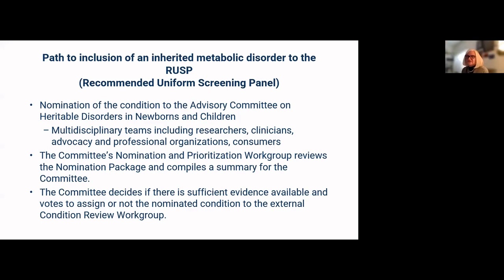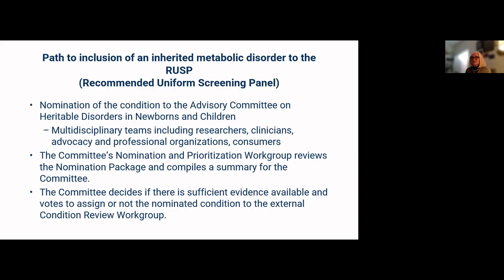So Dr. Singh mentioned what is needed to include a new metabolic disorder to the recommended uniform screening panel. I just want to go through the steps. The first thing is the nomination of the condition to the Advisory Committee on Heritable Disorders in Newborns and Children. This is done through a multidisciplinary team, including researchers, clinicians, advocacy and professional organizations, and consumers.